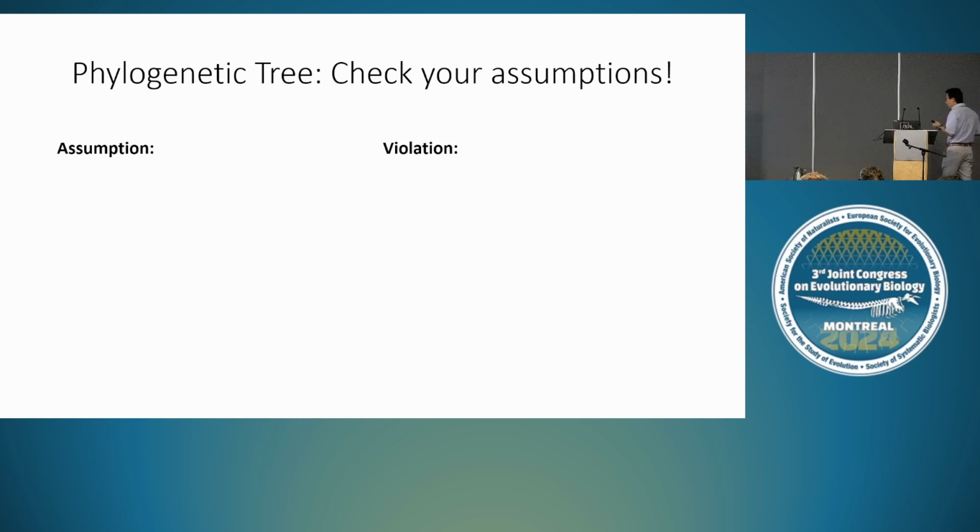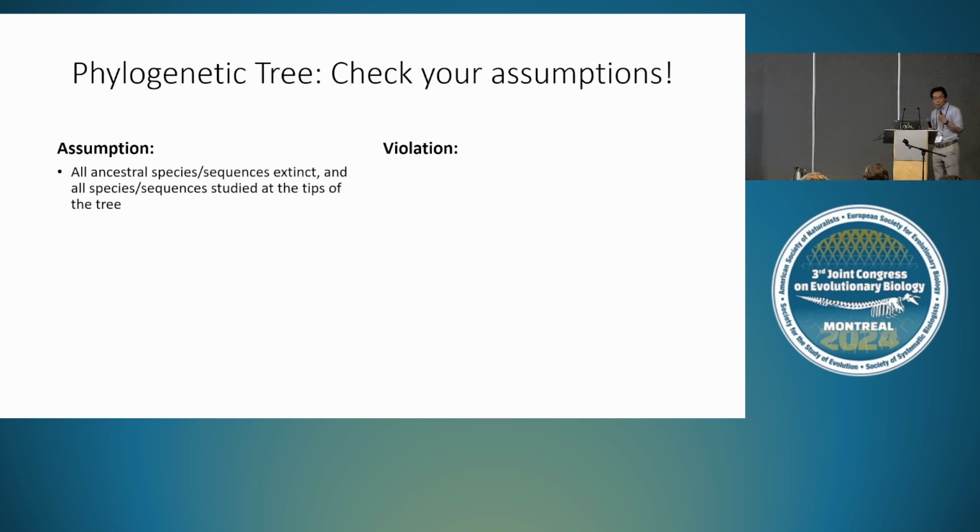As I mentioned, most published studies so far have been using phylogenetic trees, but as we all know, when you do phylogenetic tree analysis, or any population genetic method, you need to check your assumptions. There are many assumptions with phylogenetic tree analysis.